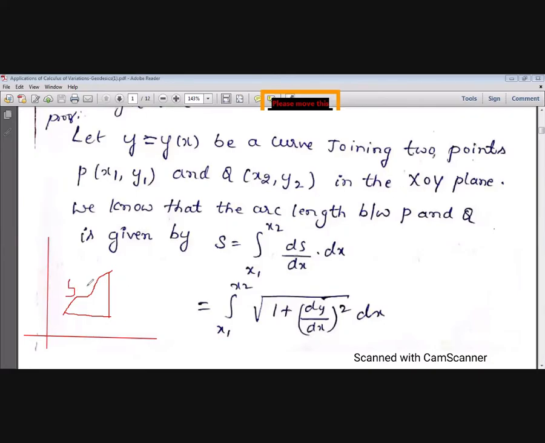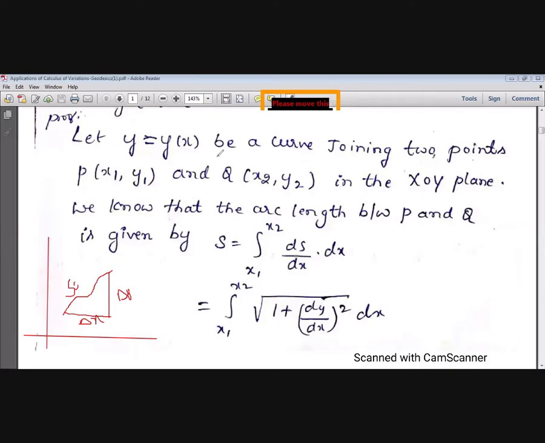S means arc length. That is nothing but root of 1 plus dy by dx whole square. This is delta x, this is delta y.